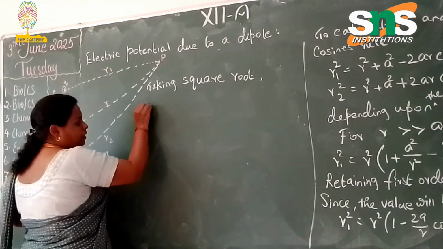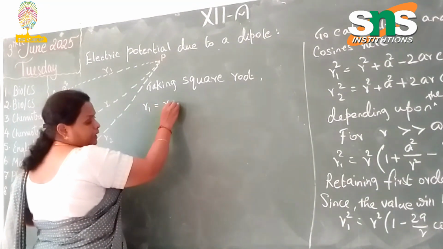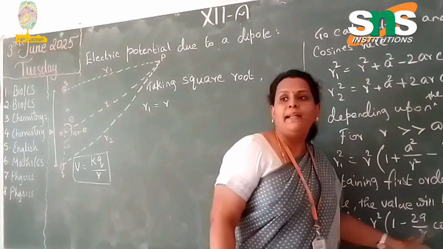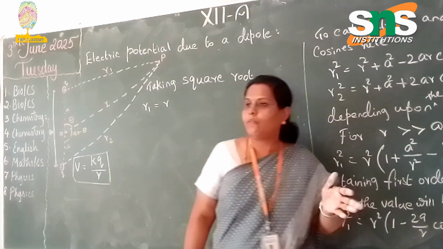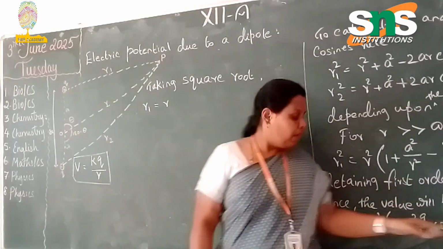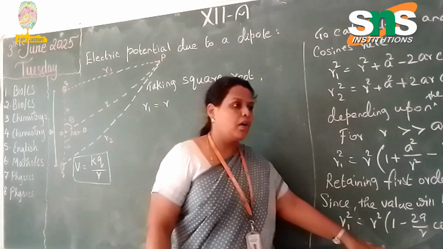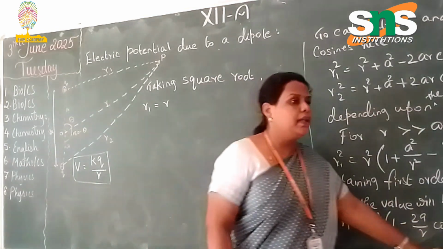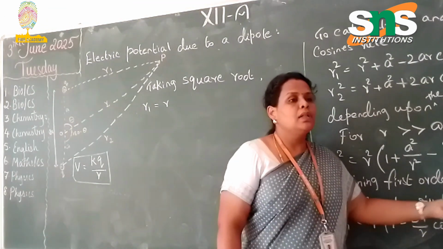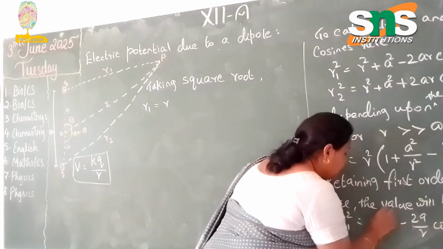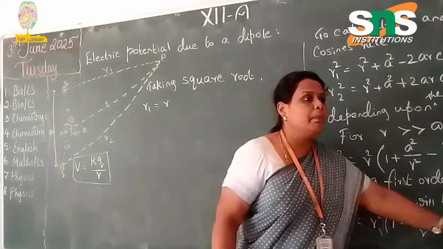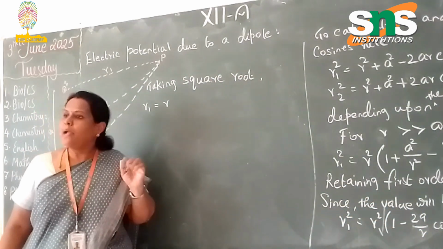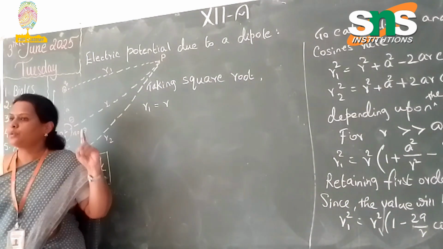The same equation will change as R1 is equal to R, but here if you see, for this 1 minus 2A by R cos theta, there will be no power 2, am I right? For R1 there will be square, for R there will be square, but here if you notice there will be no power. So instead of writing it as square root, can I write it as 1 by 2?